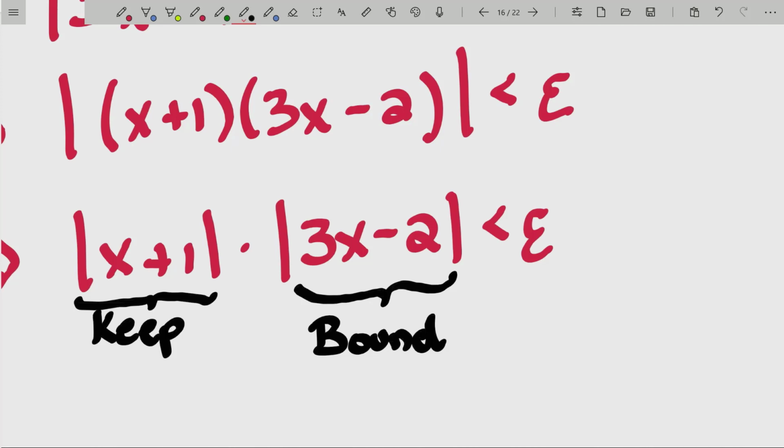I could say it's less than $1 trillion. That's a pretty large bound, but I would be pretty much correct 100% of the time. I could even be pretty correct if I said it was less than $100,000. I could tighten up that bound if I wanted to. So if I could find out the worst case scenario for what that absolute value of 3x minus 2 is, then I can replace the absolute value of 3x minus 2 with that worst case scenario.